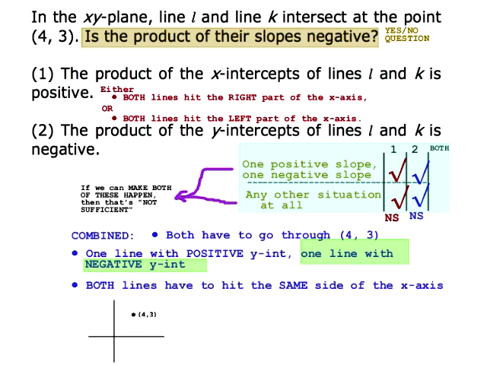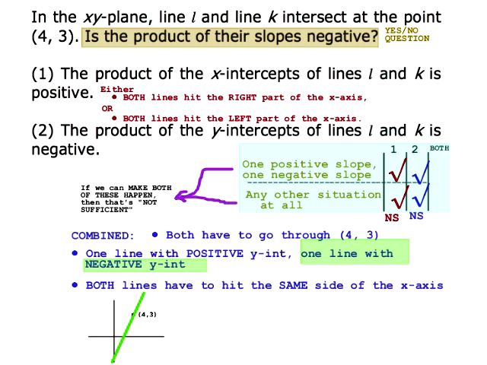You have to have a line that has a negative y-intercept that goes through 4, 3. Like if you think about drawing that, no matter what, that line is definitely going to have a positive x-intercept because it's going to have to look like this. And once you have statement 1, that ties you to having 2 positive x-intercepts.